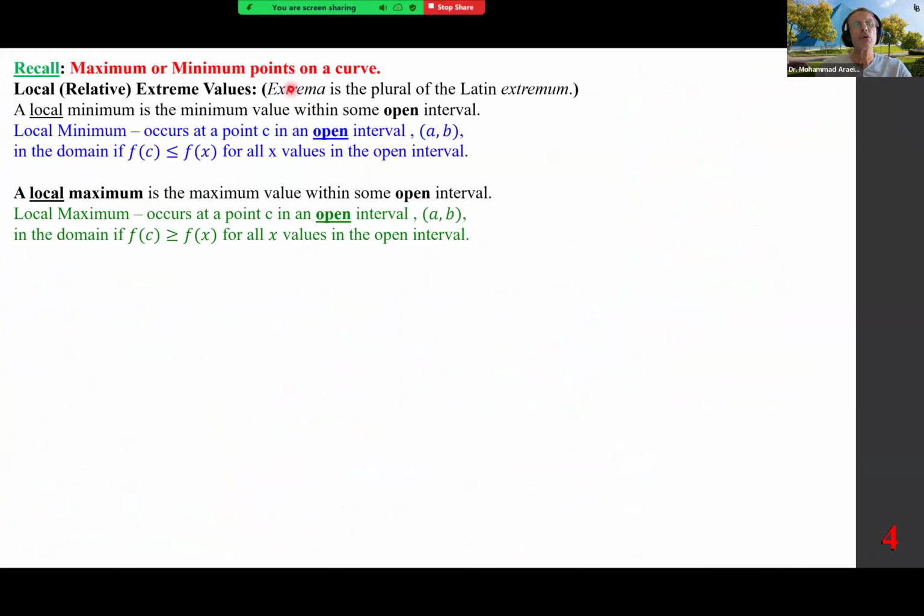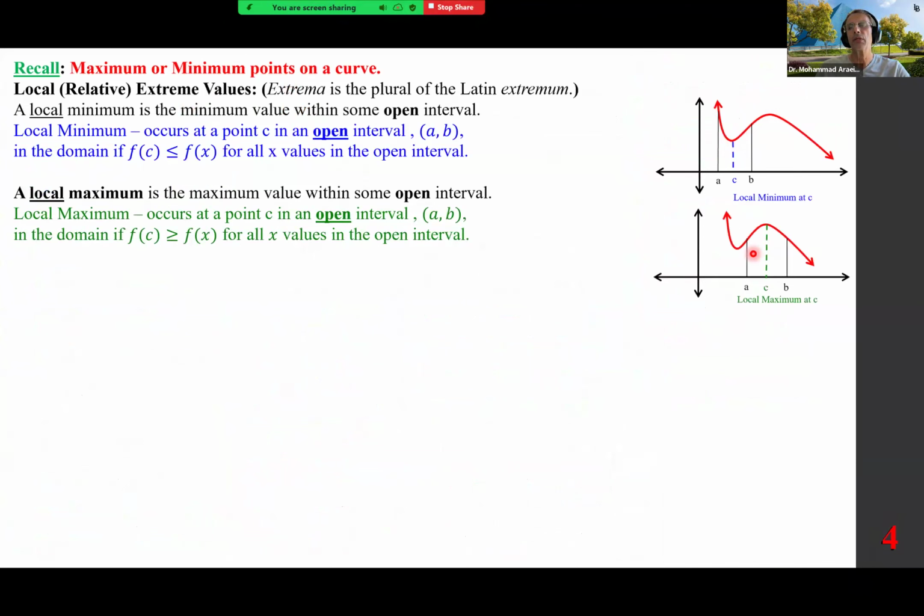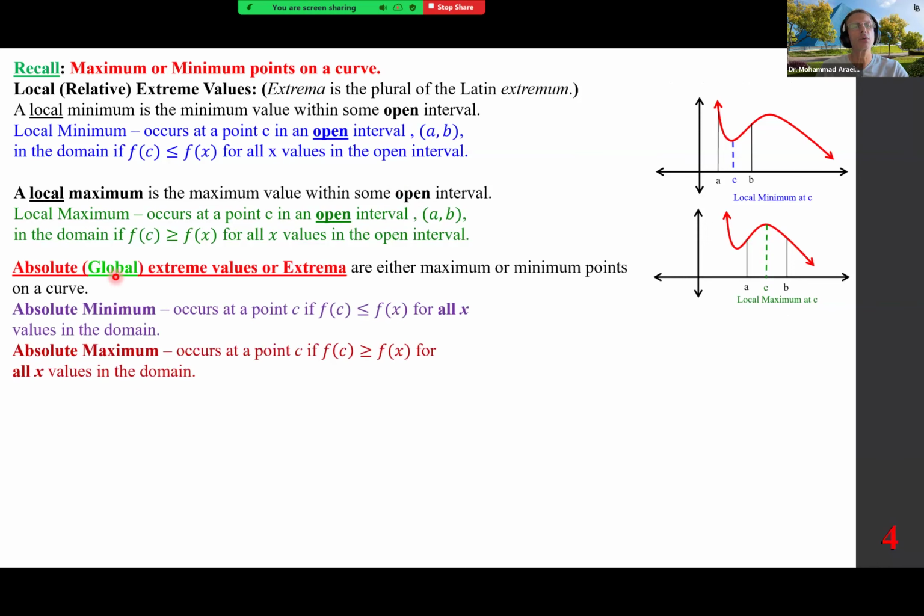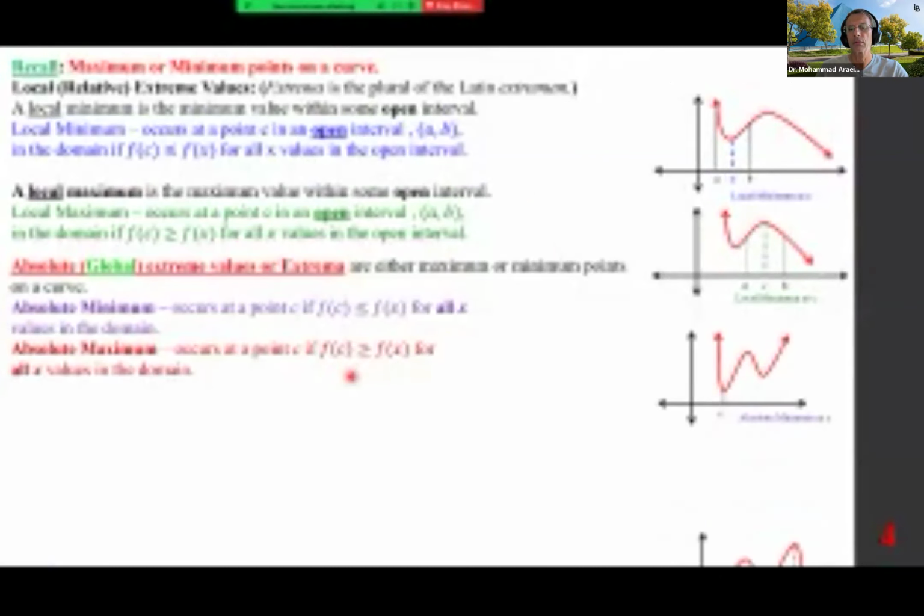Maximum and minimum points on a curve for relative extrema, local min, local max, they occur in some open interval. Absolute, also known as global extrema, they occur in the entire domain.